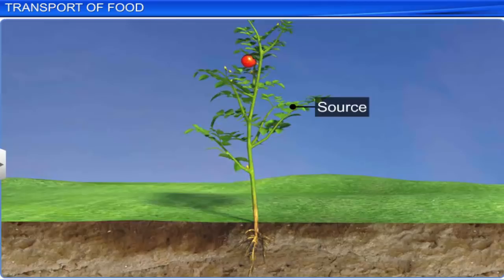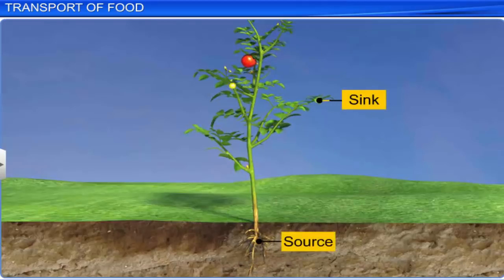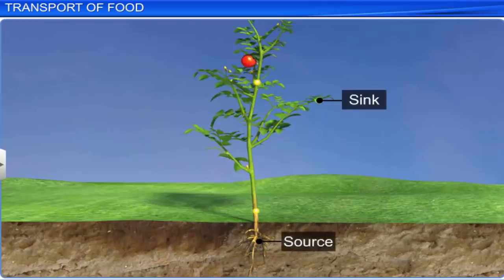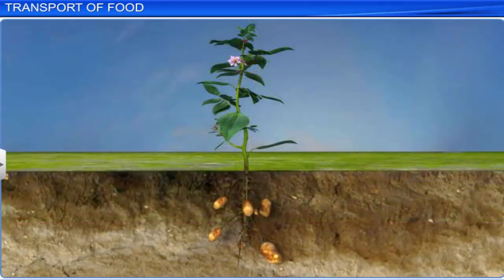For example, fruits or roots. However, sink and source roles can be reversed depending on the plant's needs. For example, sugar from the roots may need to be mobilized to a flower bud when they need energy for growth.